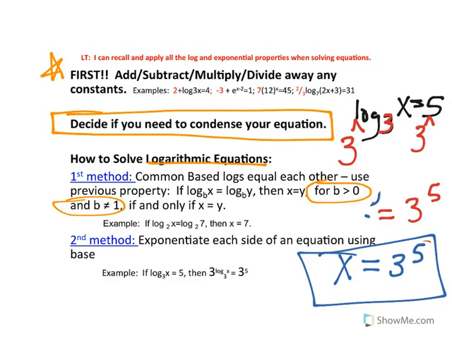Okay. Same thing with a logarithm. I can't take the log of certain things. Okay. I can't take the log, regardless of base, of a number less than or equal to 0.